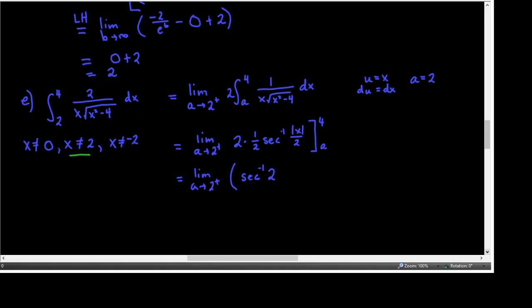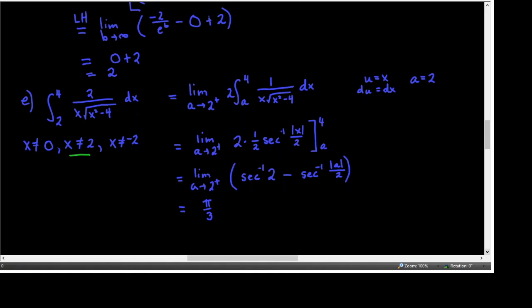So secant inverse of 2 minus 1, because 2 times 1/2 is 1, secant inverse of the absolute value of A over 2. Okay, so secant inverse of 2 is a constant. We're looking for a secant of an angle whose answer is 2, and of course that answer is pi over 3. And the limit of the constant is the constant, so we can get that right away.